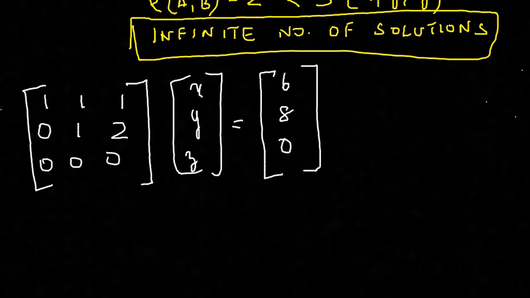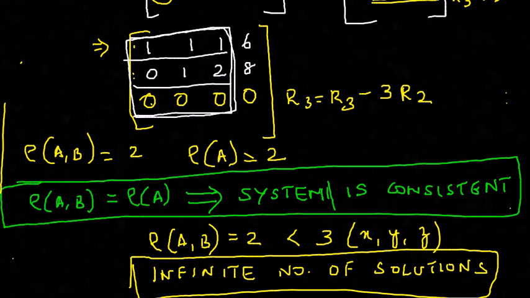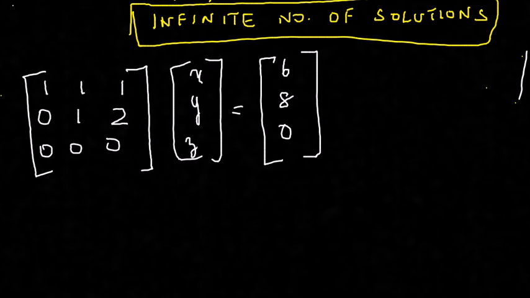What I have done is I have just written this augmented matrix in echelon form into a matrix equation form. So now shall I write this into linear equations: x plus y plus z is equal to 6, y plus 2z equal to 8, and the third equation I can't write, it's anyways 0.